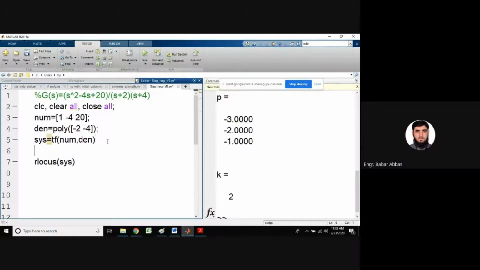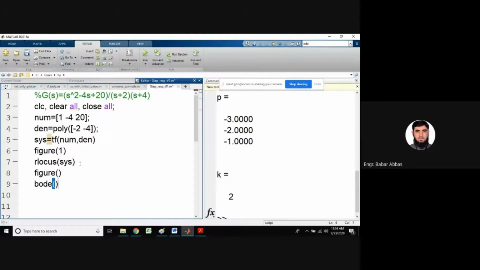And that will be figure number 1. Let me write figure number 1 before the root locus. Similarly, for finding the Bode plot, you will use the command bode, and before the Bode, I will write figure number 2, so there should be a separate window for the figure.